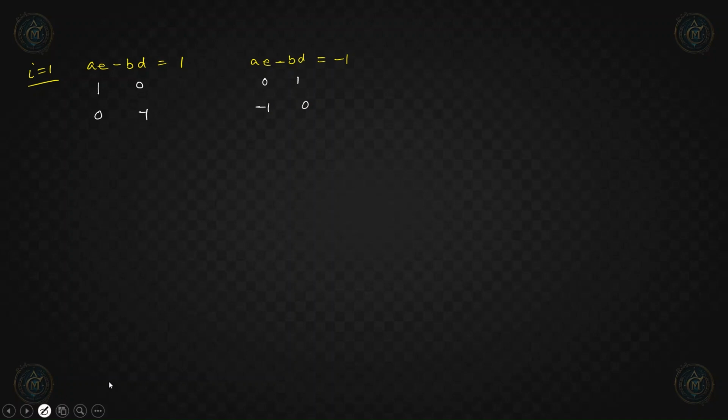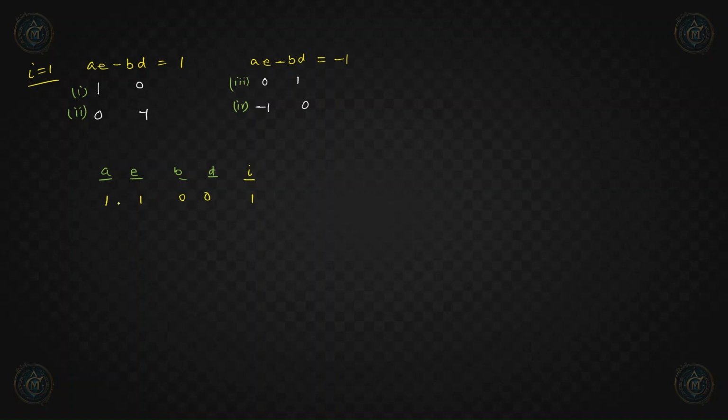So for this case, if we count, we have ae equal to 1. Let's number these cases 1, 2 and then 3 and 4. For 1 we have a, e, b and d, so the possible combinations will be 1, 1, 0, 0, and for this case I is equal to 1.